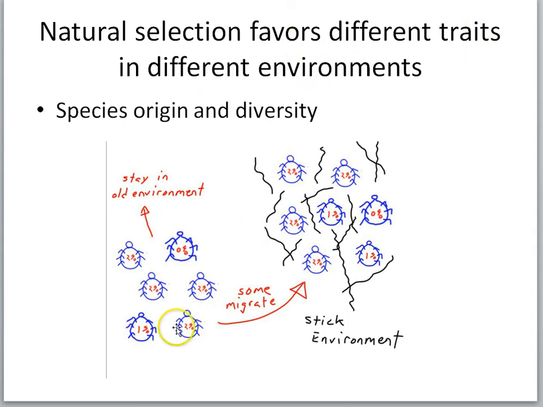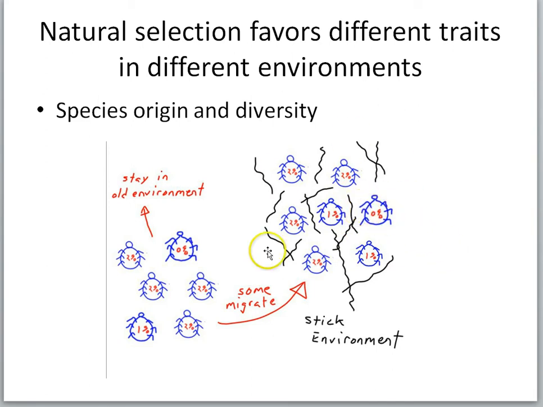So again, with our stick insects, the ancestors did not look like sticks. Well, what if some of them migrated, moved into a new environment with sticks? Now there's going to be a different set of selection factors here, because now it matters what your body shape is. See, because any individual with a slightly thinner body will have better camouflage, and that'll be harder for predators to see and so eat it.